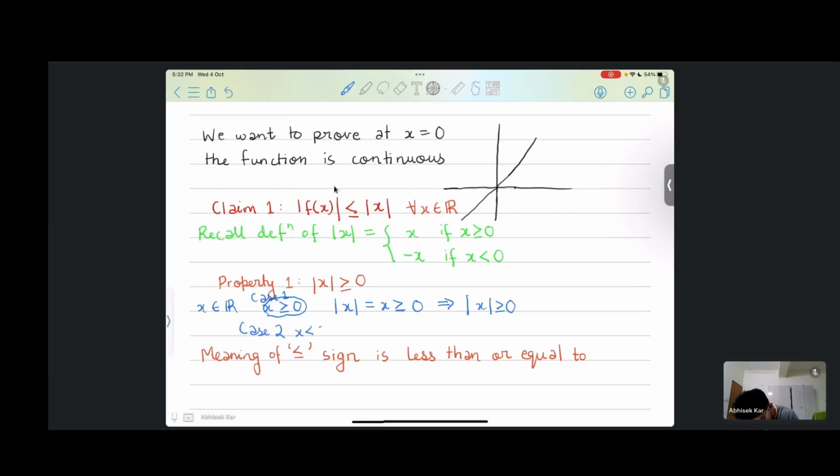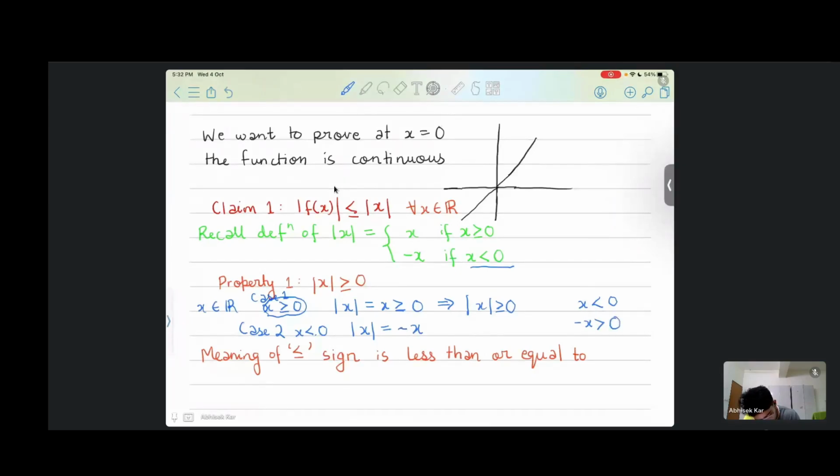x is less than 0. Then mod x is equal to, using this definition, since x is less than 0, mod x is minus x. Now in this inequality x is less than 0, multiply by minus on each side. When you multiply by minus, the inequality reverses, so minus x is greater than 0.